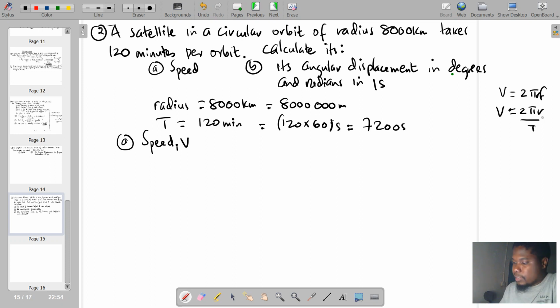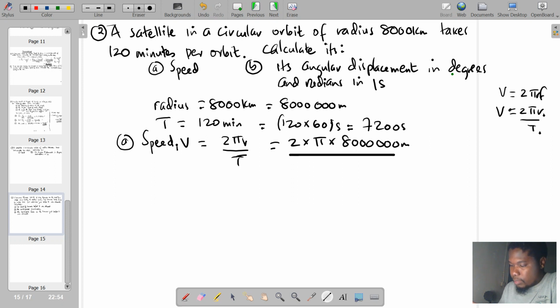In this case, we have the radius and the periodic time, so v is equal to 2 pi r over T. When we substitute, it is 2 times pi times 8 million meters divided by the periodic time, which is 7,200 seconds.